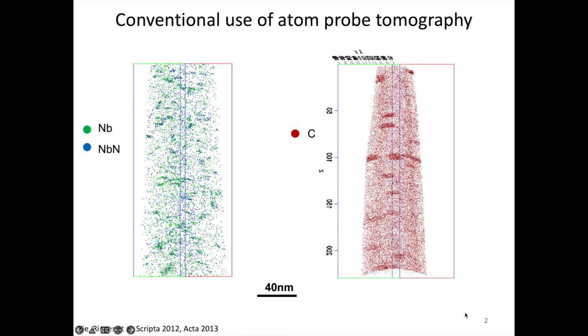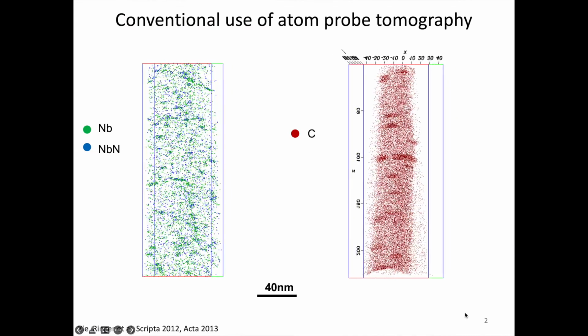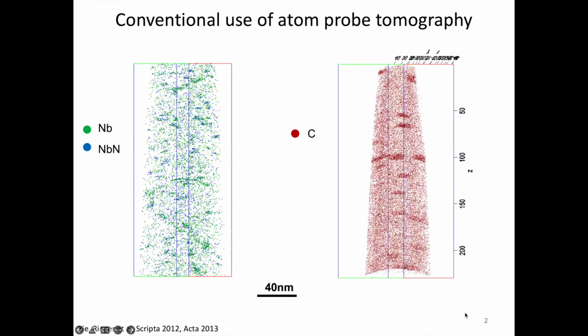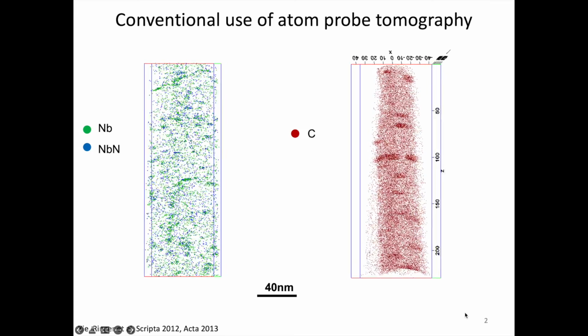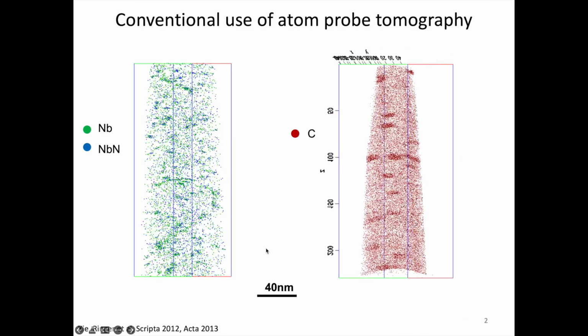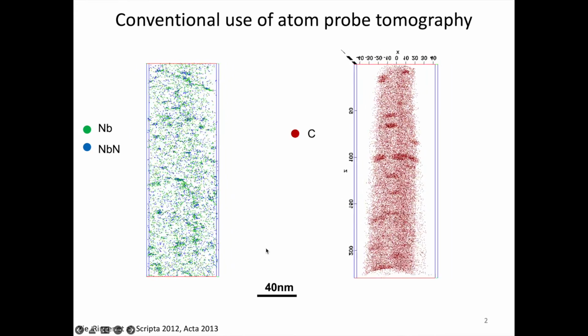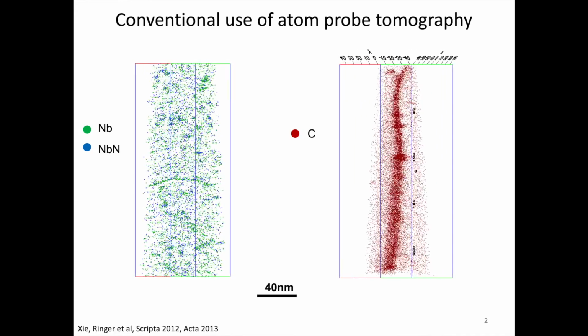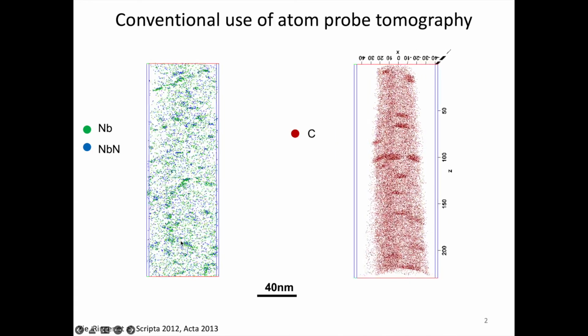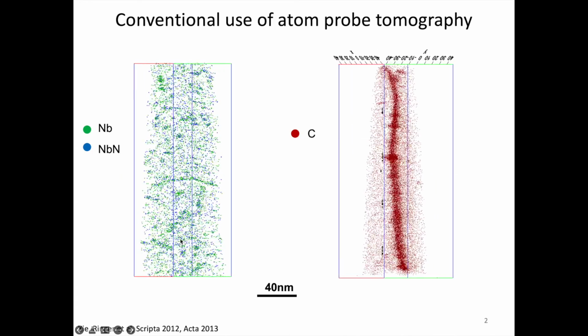I'll share with you some examples from my previous research when I was a PhD student, working with Professors Julie Cairney and Simon Ringer. What you're looking at are atom probe data. Each dot you see represents one atom. If you look closely and carefully, in the first case on the left, the precipitates do not distribute randomly. They form certain lines.